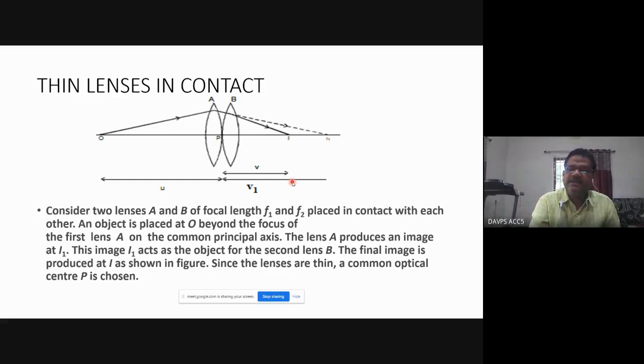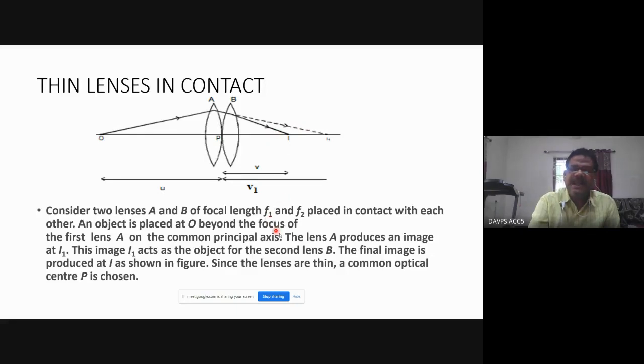This image I1 acts as the virtual object for the second lens B. The final image is produced at I as shown in the figure.